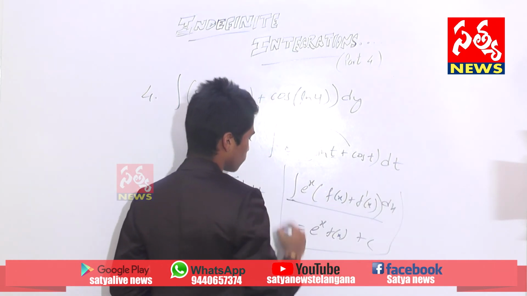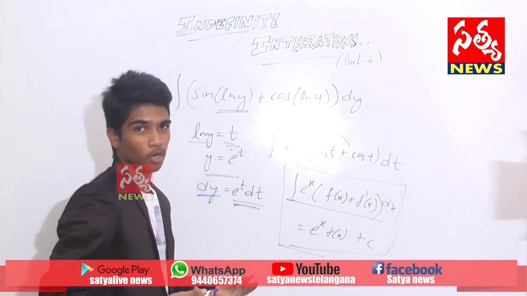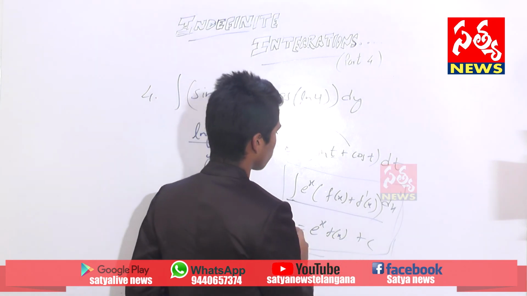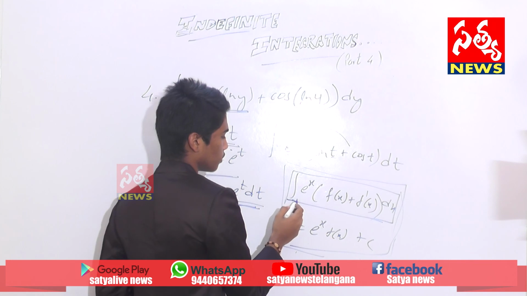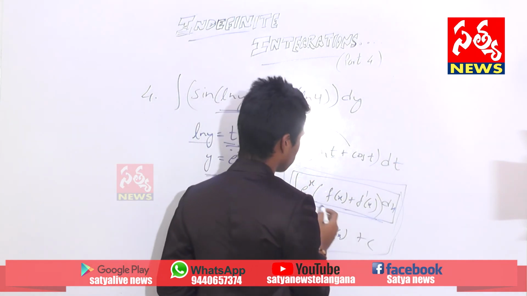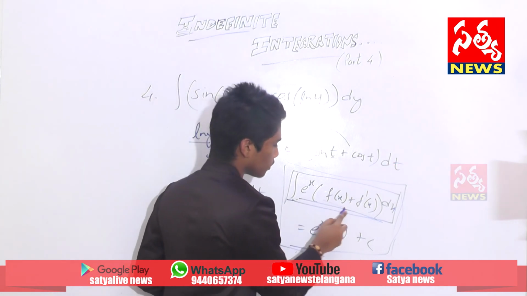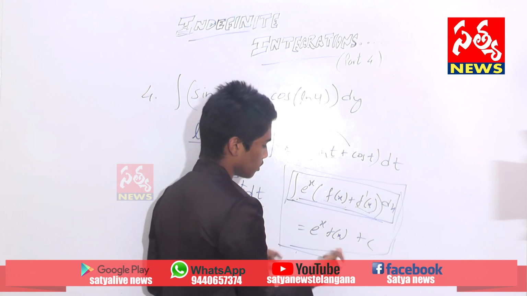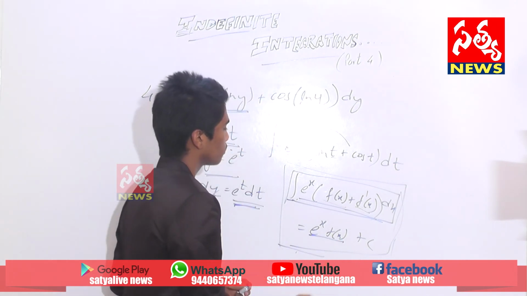This is a shortcut, and I don't think it is too hard to remember. If the function is given in the form e power x into f of x plus f dash of x, with a function and its derivative in the brackets, the direct answer will be e power x into f of x.